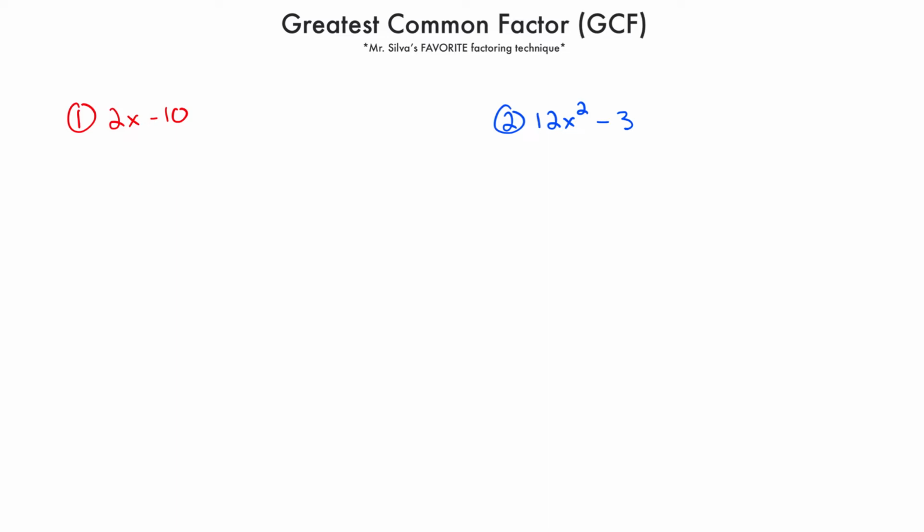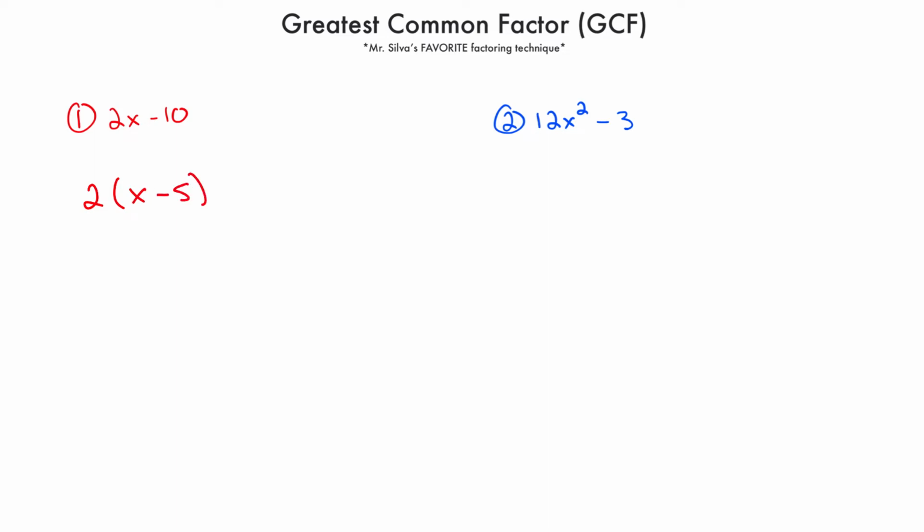That is factorable. The way that I utilize GCF is I look at each of the terms and I ask myself, what number or what value can divide into all the terms? So what number can divide into 2x and negative 10? 2. And this is just 2 times the quantity of x minus 5.